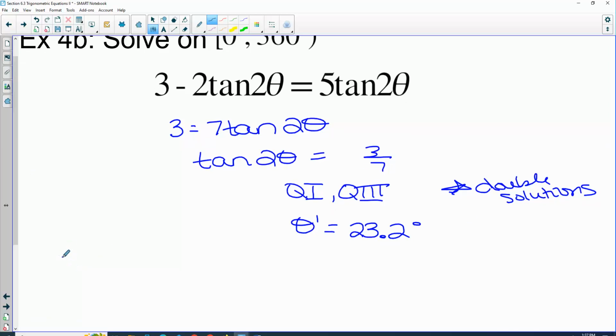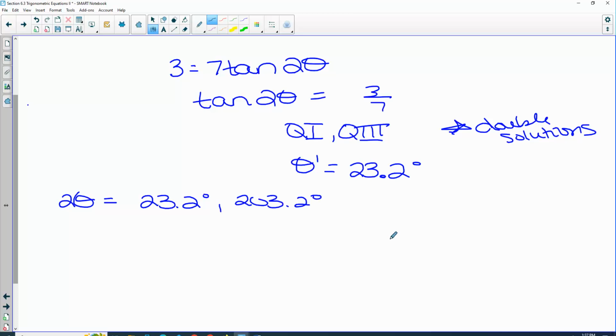Alright, there's different ways of doing this. One way, we said we could go ahead and list these. In quadrant 3, you would have to add 180 to it. So that's 203.2 degrees. We can either divide by 2 and get our period, or I think with you guys, we went ahead and just added 360 to get the others, and then we divided all 4 by 2.